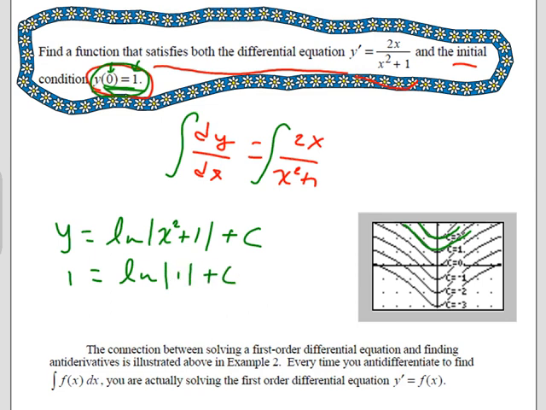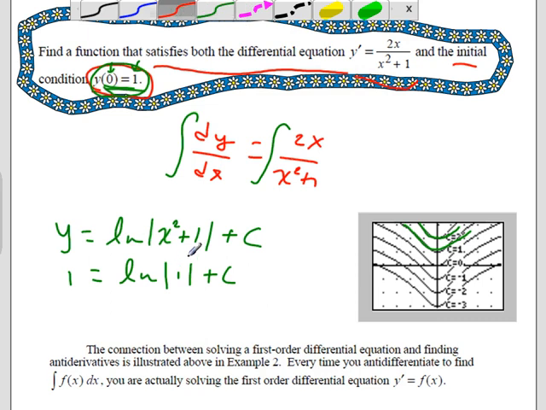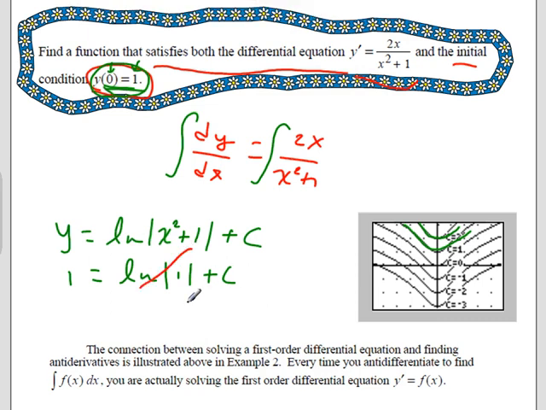And we know that ln of 1 is just 0. So this tells us that c equals 1. So therefore, my equation is y equals ln of the absolute value of x squared plus 1, plus 1.